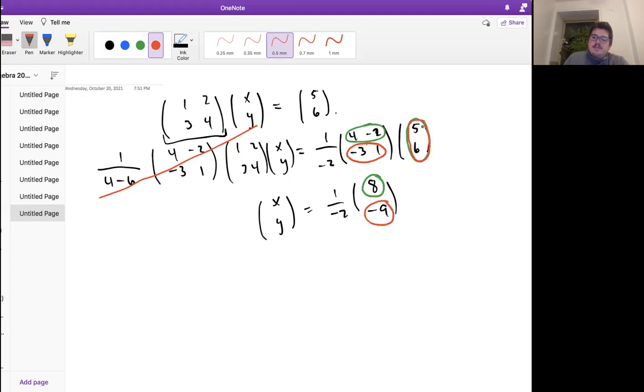And this is -15 plus 6, which is -9. And this 1 over -2 thing comes from the formula that we derived for the inverse of a 2 by 2.